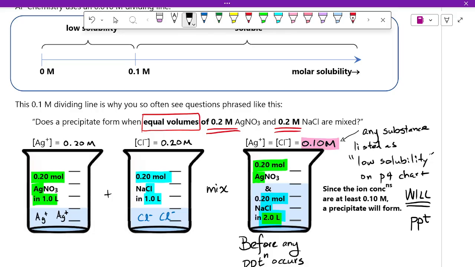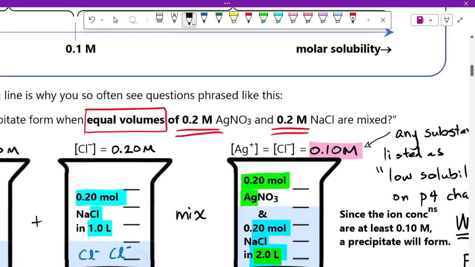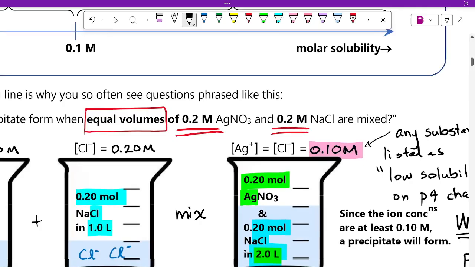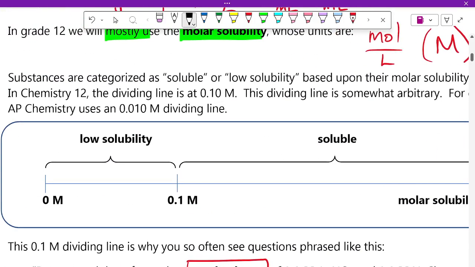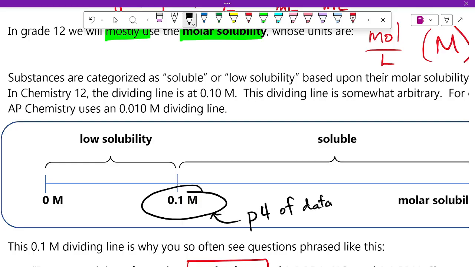Okay, so, but if you see this 0.2 and this 0.2, 0.2 and 0.2 in equal volumes make 0.1, and that means that you can use page 4 of the data booklet.